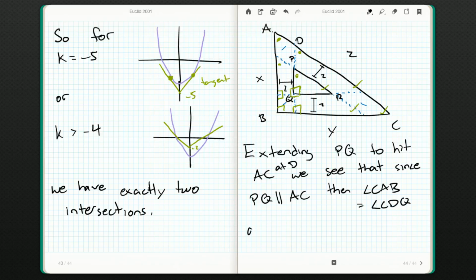And since PR is parallel to AC, then angle CDQ must be equal to angle RPQ.